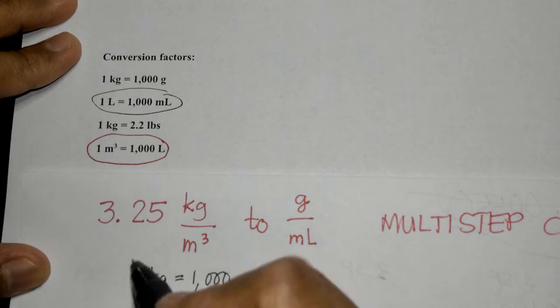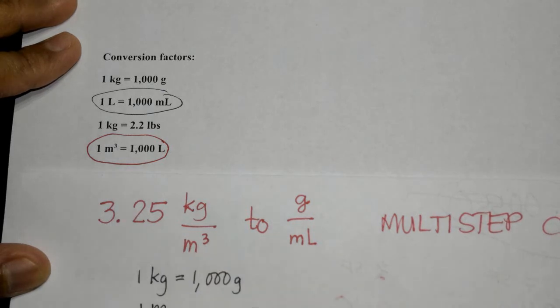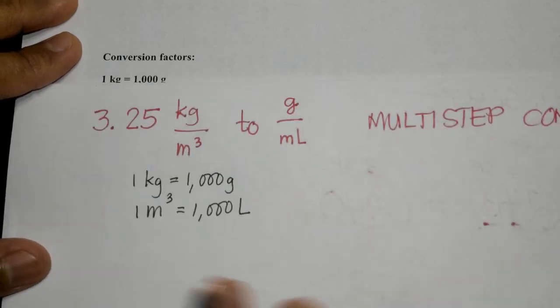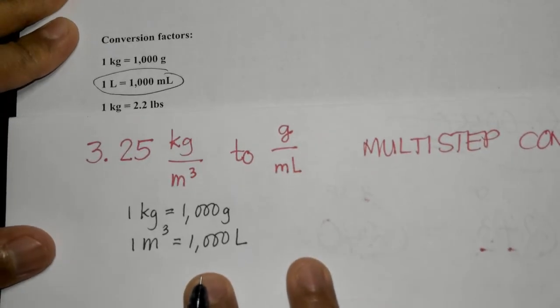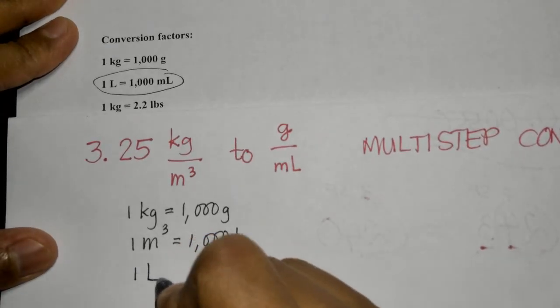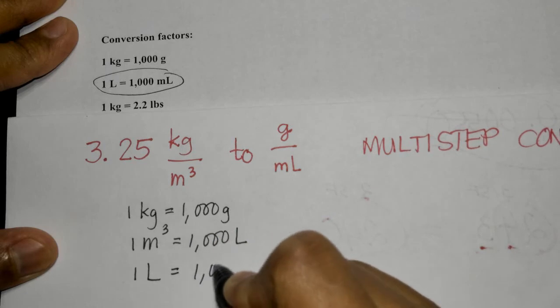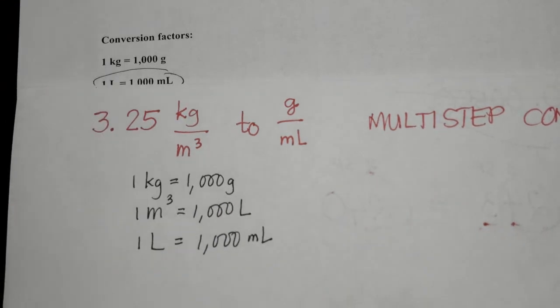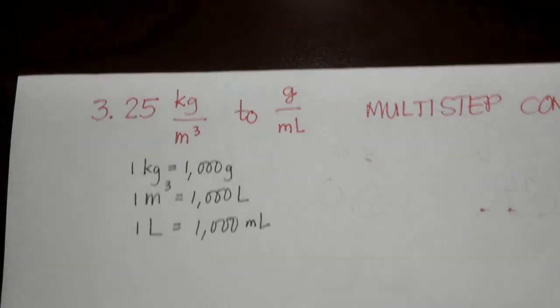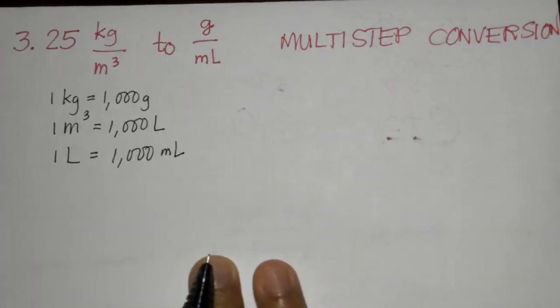So I'm going to copy that. So 1 m cubed can be converted to a liter using this conversion factor right there. 1 m cubed is equal to 1,000 liter. And the last one is 1 liter is to 1,000 ml. Those 3 are needed. Now I'm going to show you how to apply them.